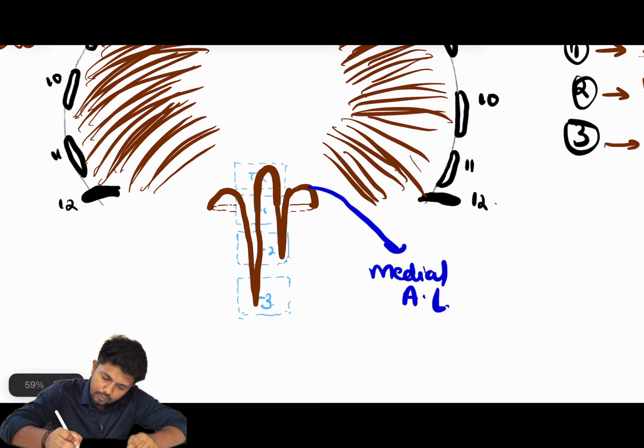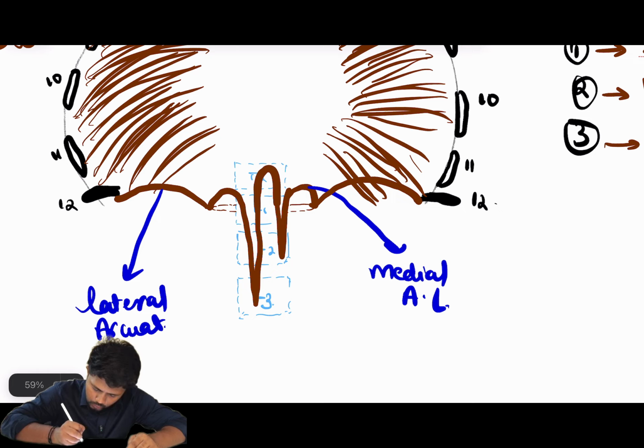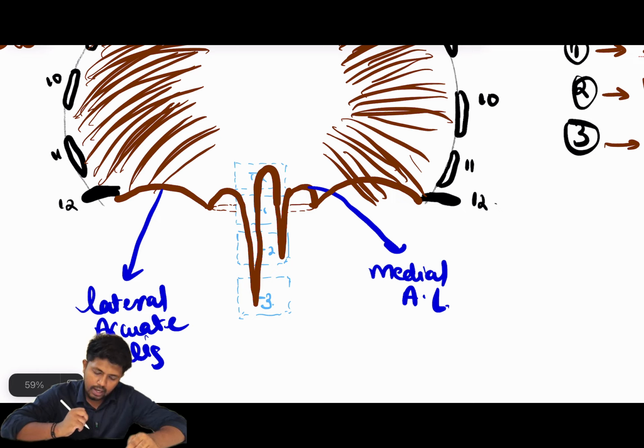Then from the tip of the transverse process towards the lower border of T12 vertebra, this is the lateral arcuate ligament. And in this diagram I will put the muscles.